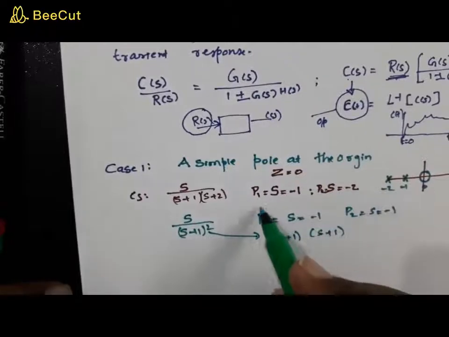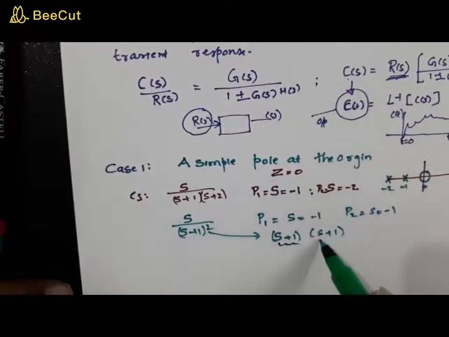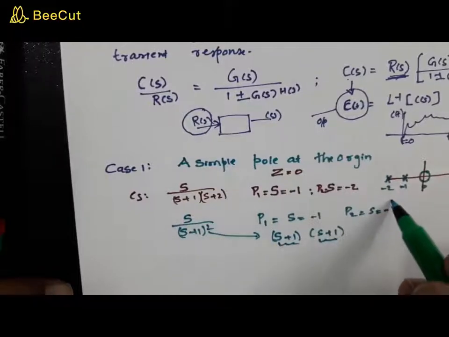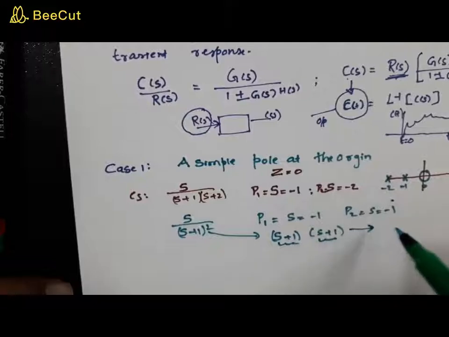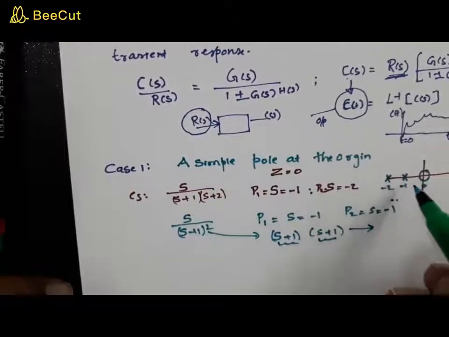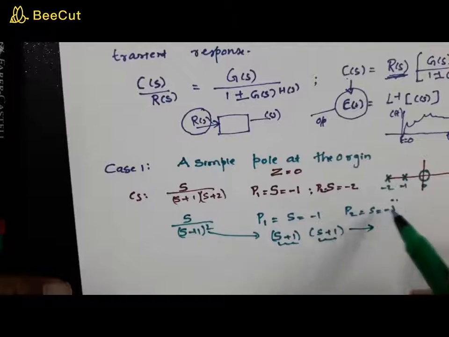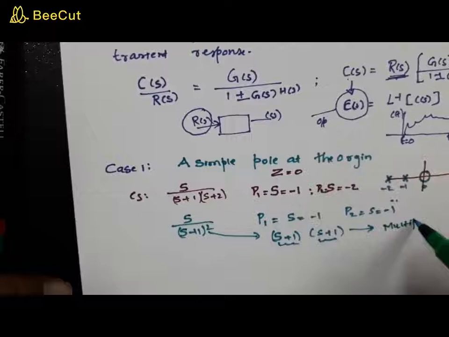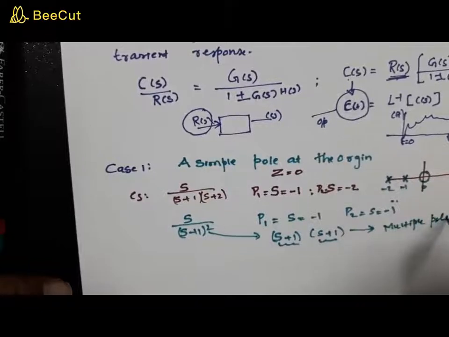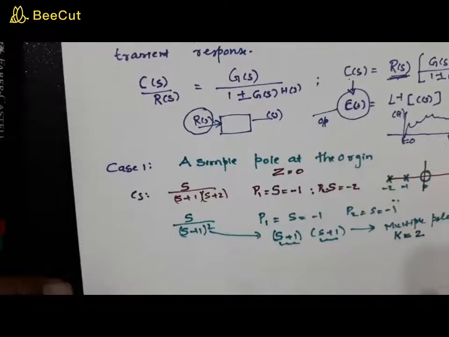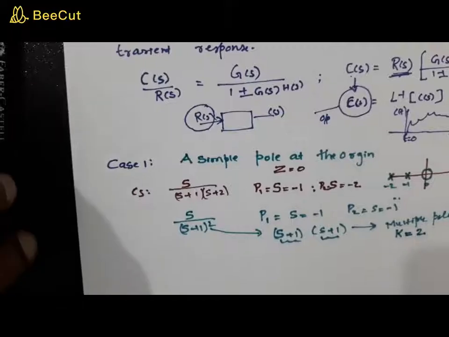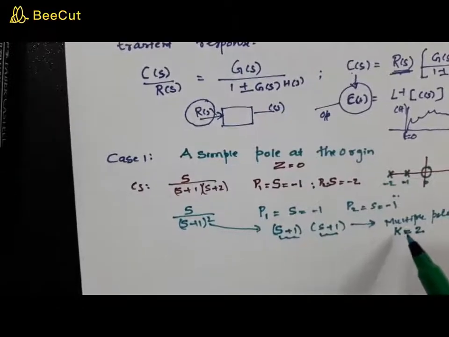So there you have two poles corresponding to s plus 1 and s plus 1. This gives you an idea that at this particular location you have two poles, and you will call those poles multiple poles. In this case you will say this is a multiple pole with multiplicity, let us call that k equal to 2. The repetition of the poles at a particular location is what is called multiplicity.